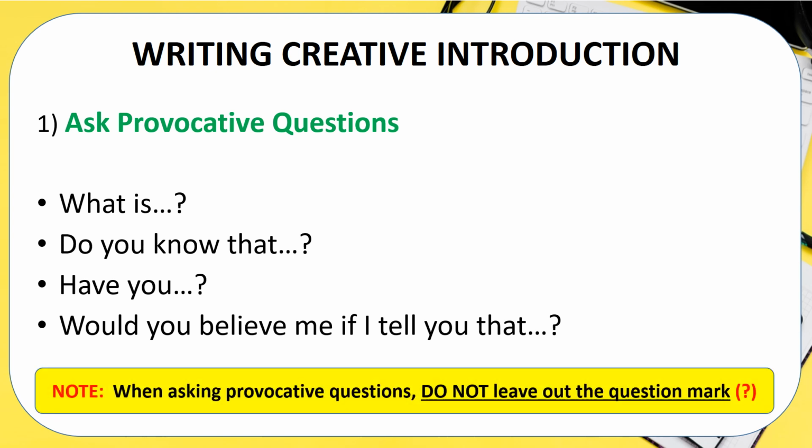Okay, you need to remember one thing. When you ask provocative questions, please do not leave out the question mark. A question without the question mark is not a question, and it will make your sentence considered as grammatically wrong.